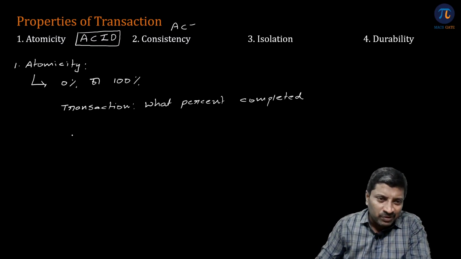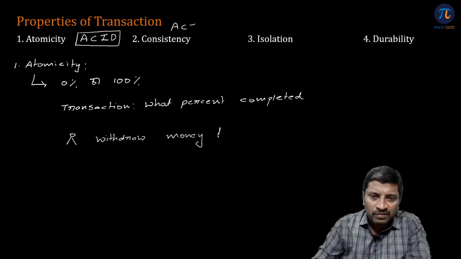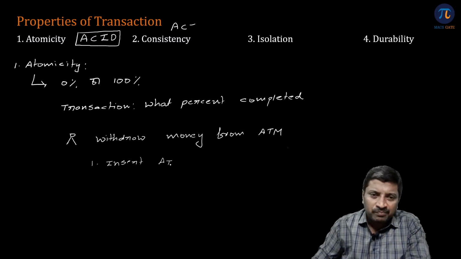For a simple example, suppose a person wants to withdraw money from an ATM. What is the sequence of operations? The first operation is he will insert the ATM card. Then he will enter the PIN number.